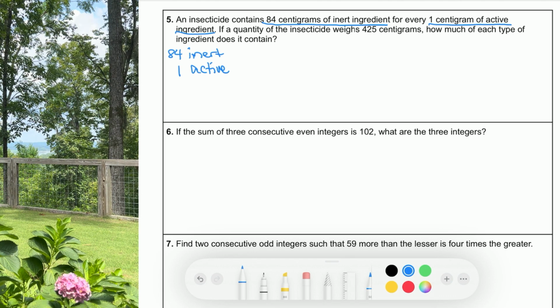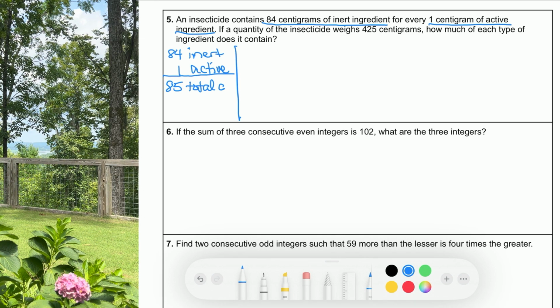We'd need 84 inert for every 1 active, okay? So how much total centigrams do we have? We have 85 total centigrams, okay? So that's one part of the problem. We needed to understand that part.